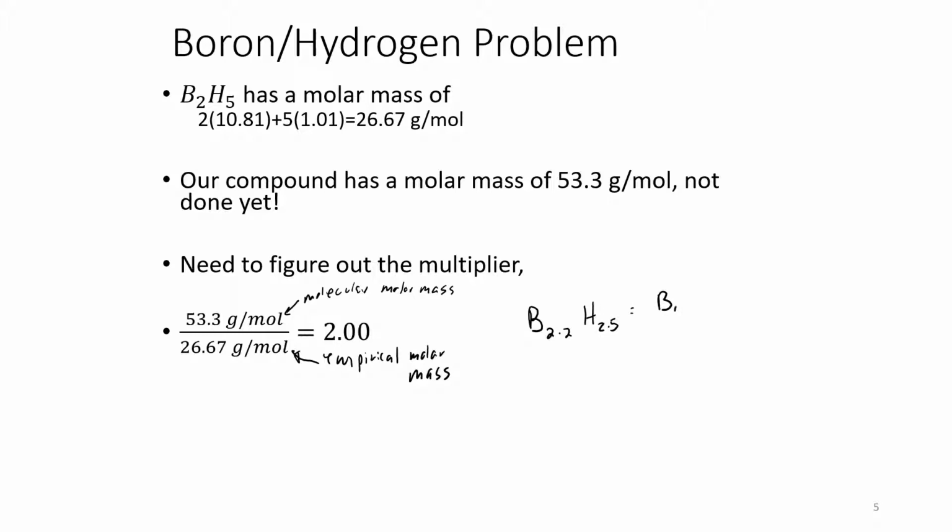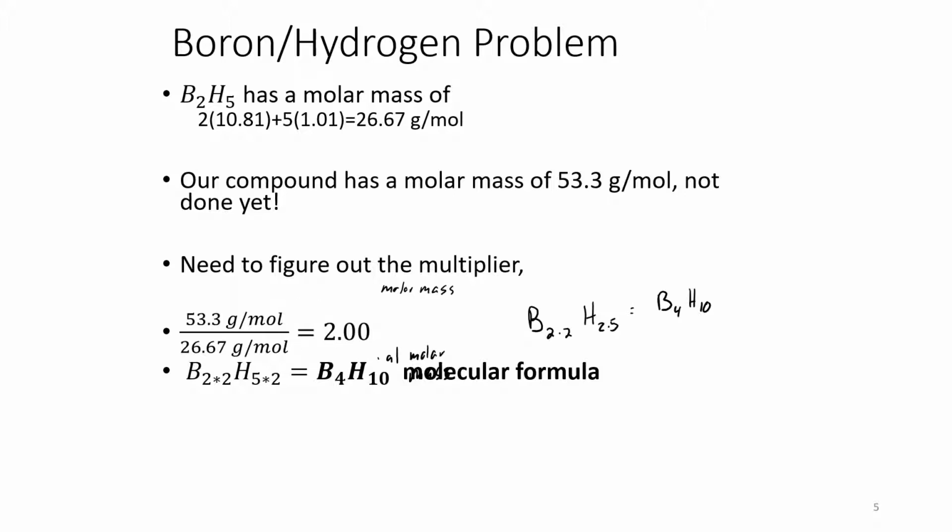It's going to give us boron 4H10. So we wind up with our molecular formula of B4H10 and our empirical formula of B2H5.